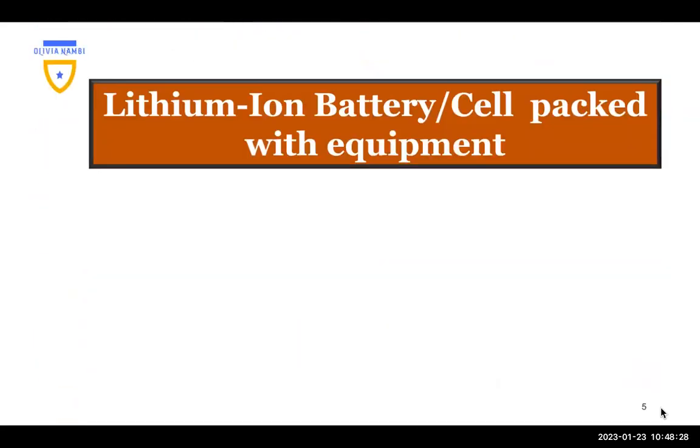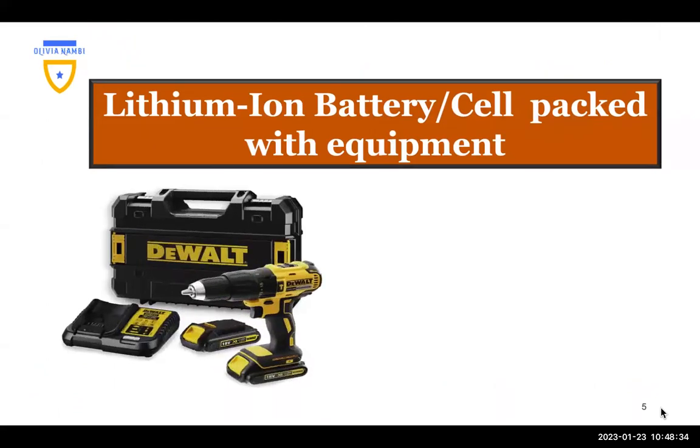All right, so let's look at the images of lithium-ion batteries packed with equipment. For example, we have this drilling equipment. It's usually a set having that other drilling part, the charger, and then 2 batteries. We have 1 battery right there and another lithium-ion battery right there.